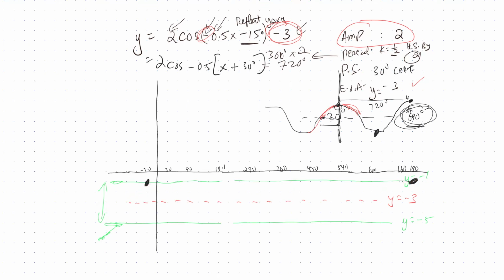So let's do some calculations at the bottom. Negative 30 plus 690 divided by 2 gives me 660 divided by 2, which is 330 degrees. So 330 is over here, and I'm going to draw the minimum dot here. The next thing is, I'm going to use yellow. It's just connecting the dots like this.